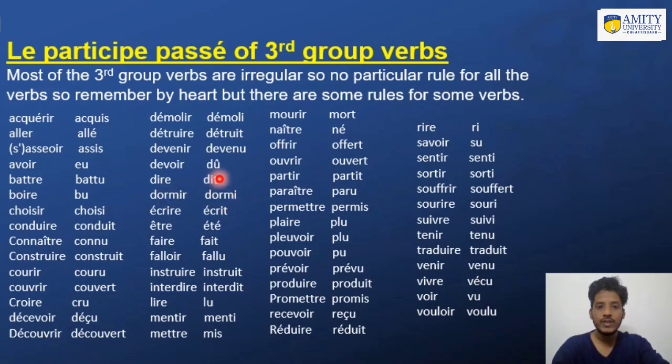Démolir, démoli, and so on. Faire, to do, to make, fait. Falloir, fallu. Être, été. Mettre, to put, mis. Mourir, mort, and so on. You just have to remember by heart all these third group irregular participe passé.